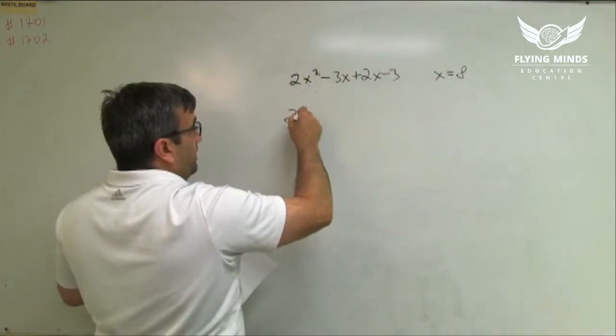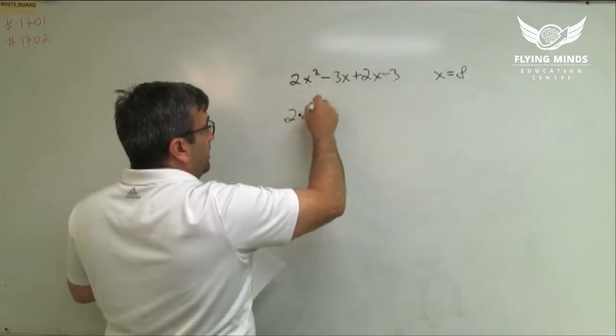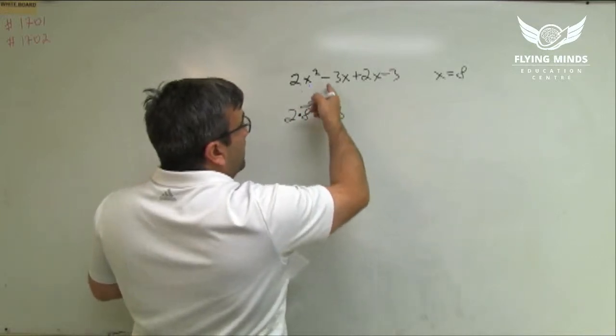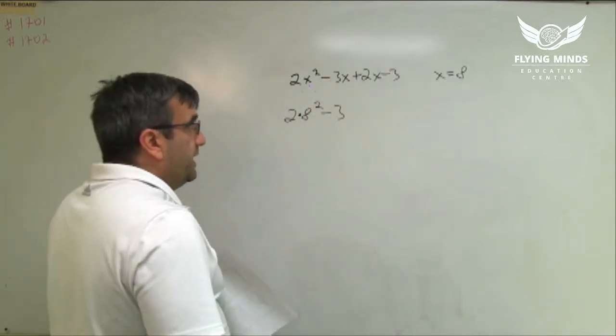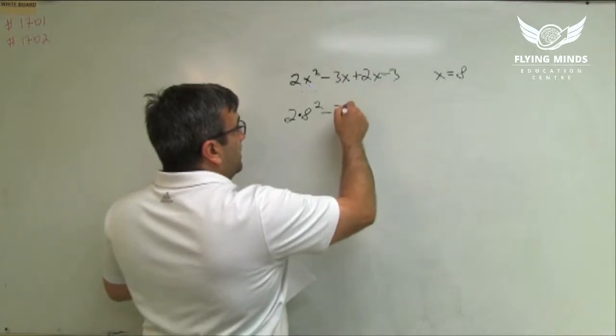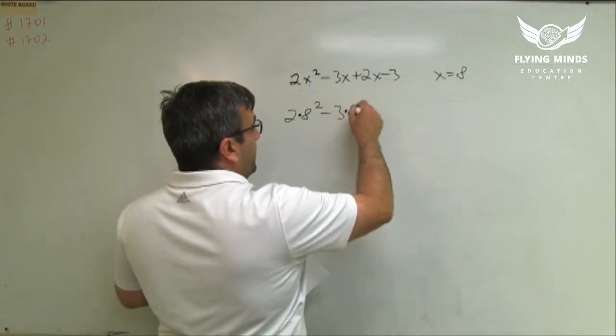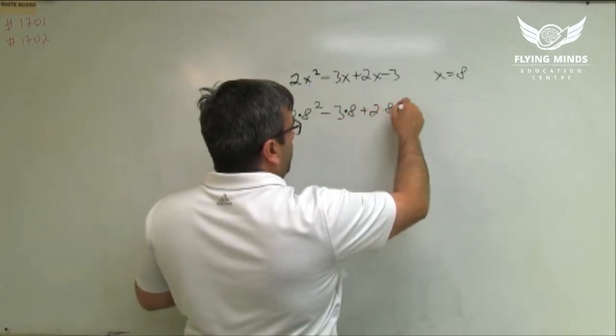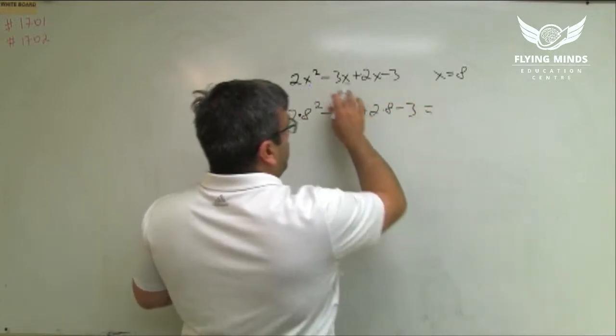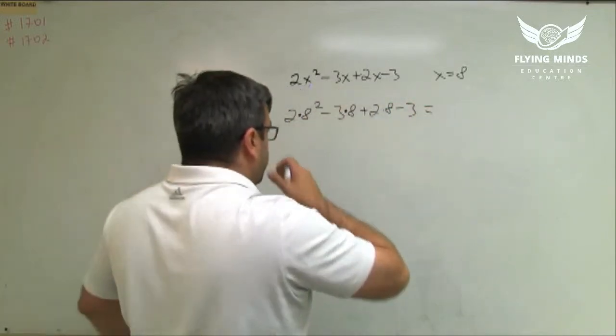Instead of x, we put 8: 2 times 8 squared minus 3 times 8 plus 2 times 8 minus 3. I could have combined here.